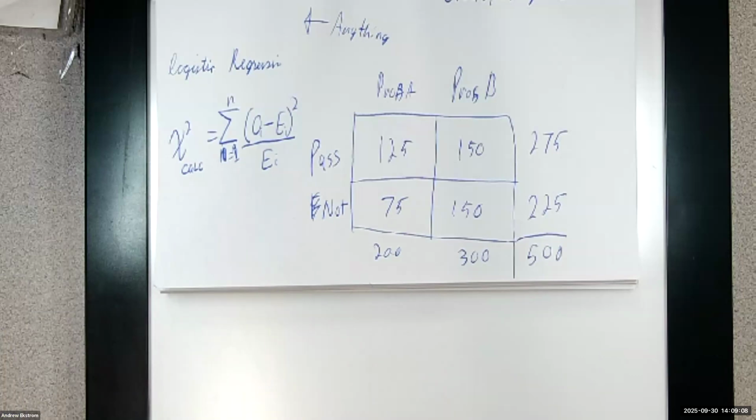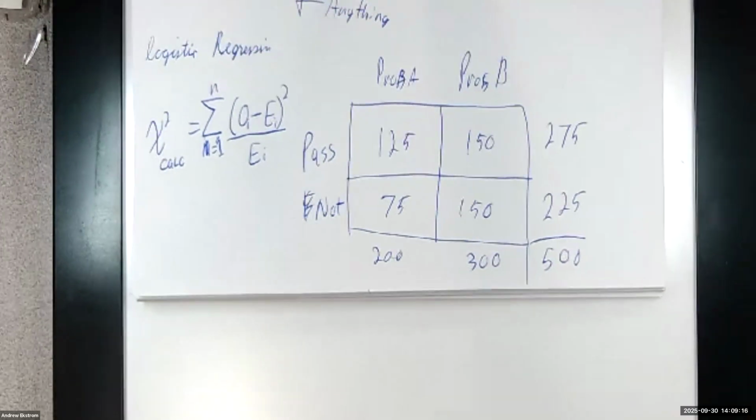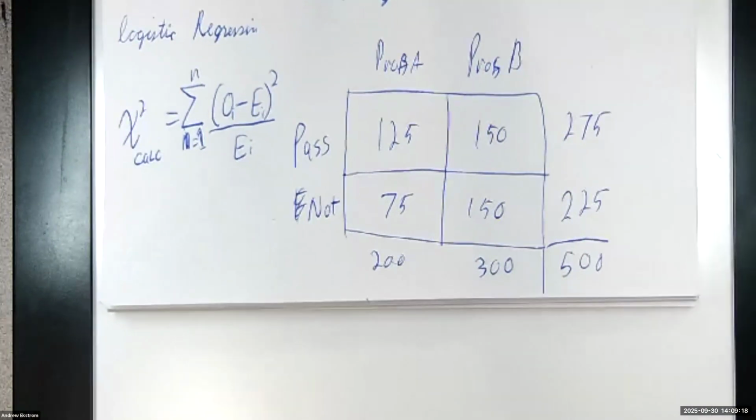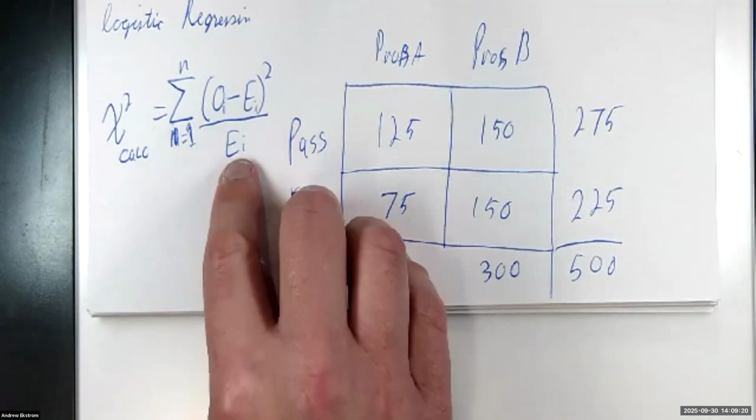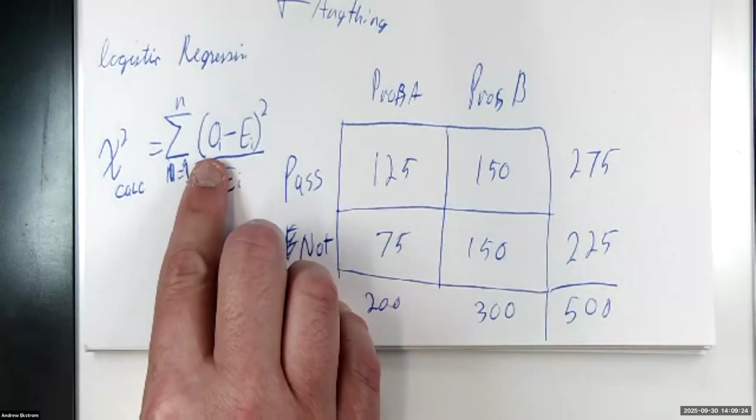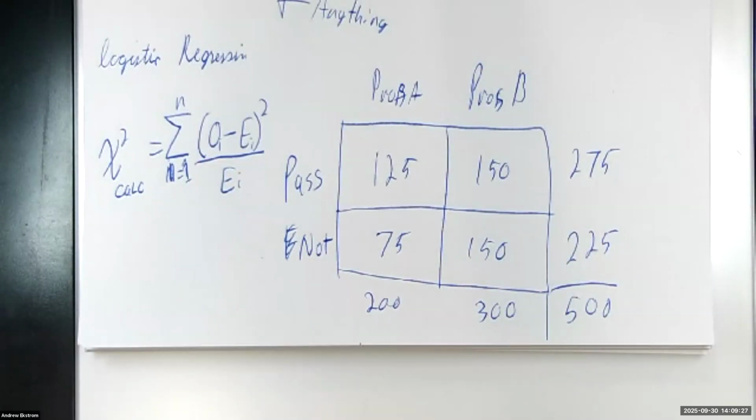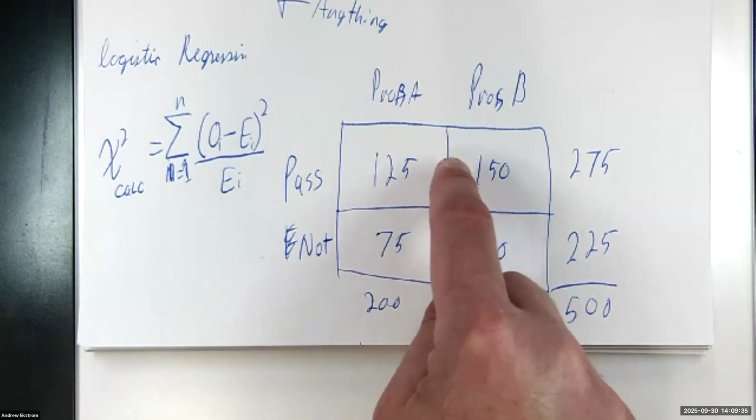So what we end up doing with this is we look at what did we expect to see, which is what these E's are, versus what did we actually see? What we actually saw is just the recorded data that's in here.